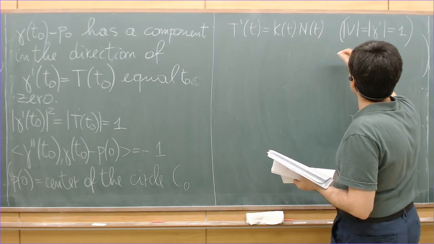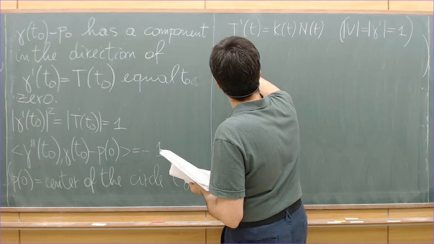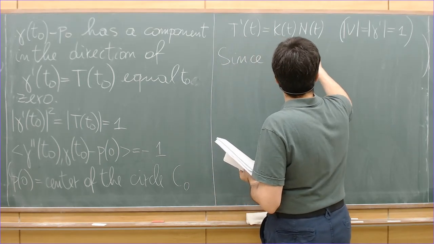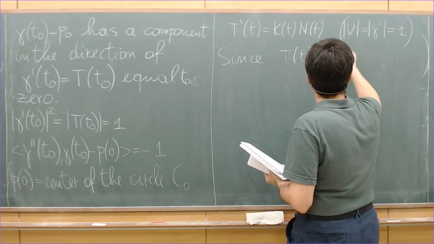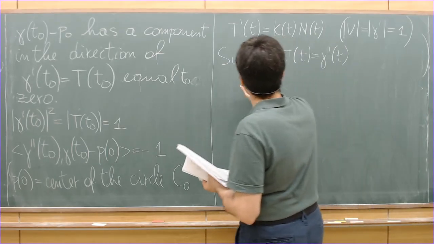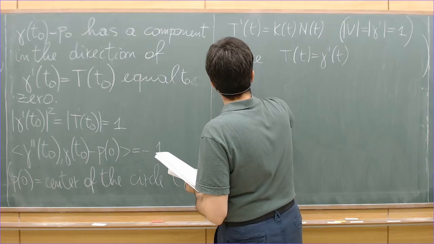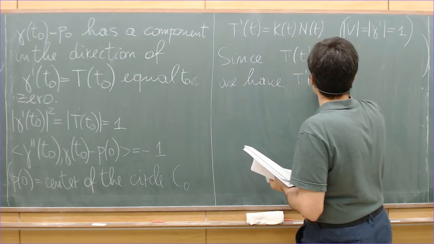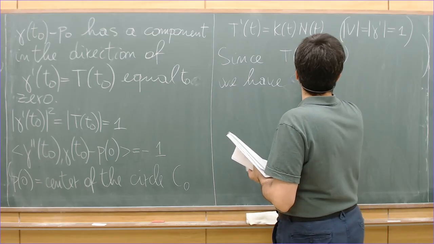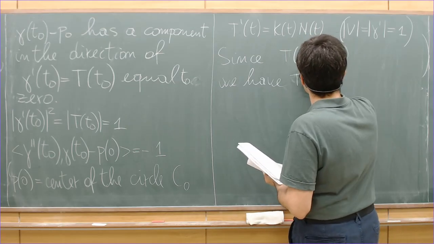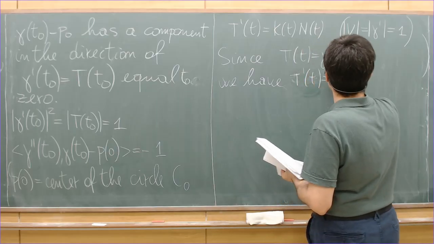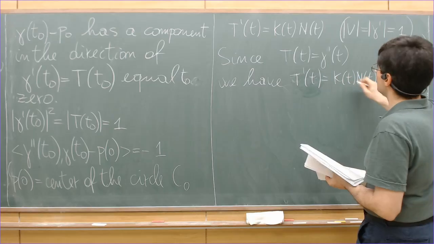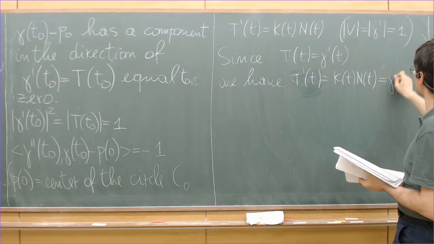Then since T of t is gamma prime of t, we have T prime of t equal k of t N of t from this formula, but also gamma second of t.